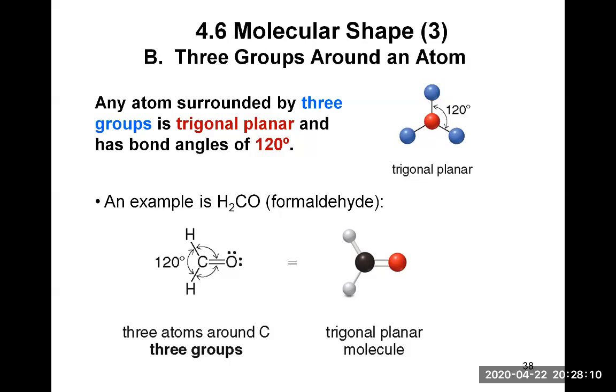All atoms, the two hydrogens, the carbon and the oxygen, are in the same plane, so it's a flat structure. When you count the number of groups around the central atom here, you see that there are 3 groups.